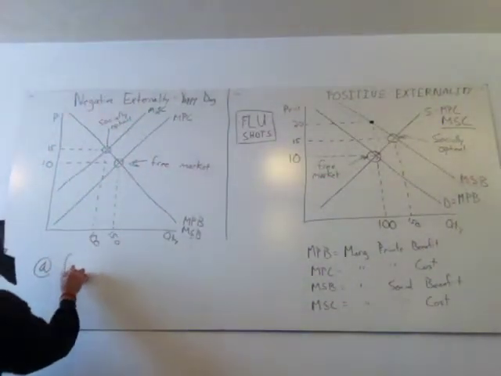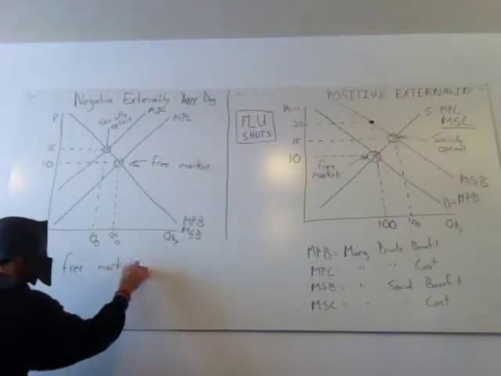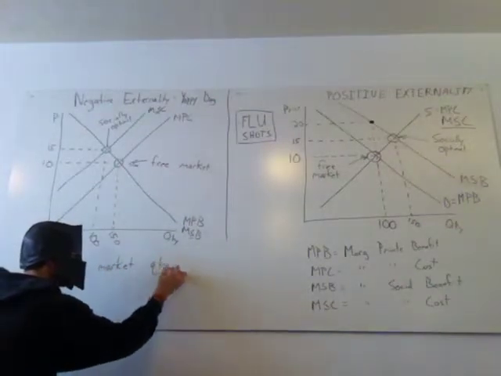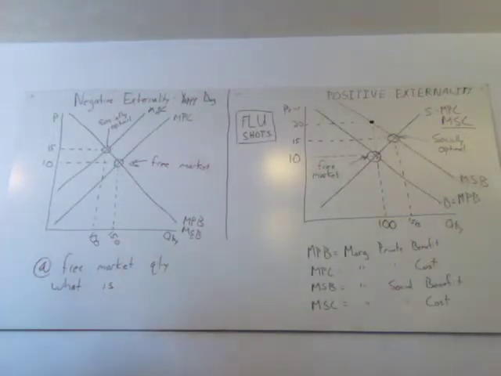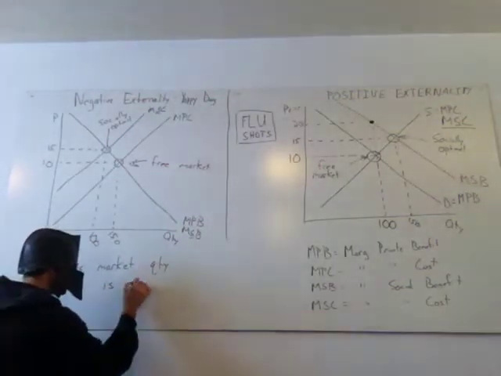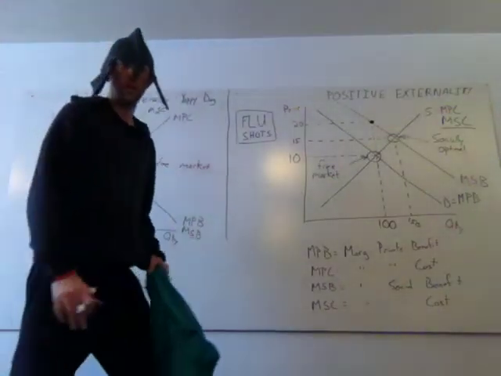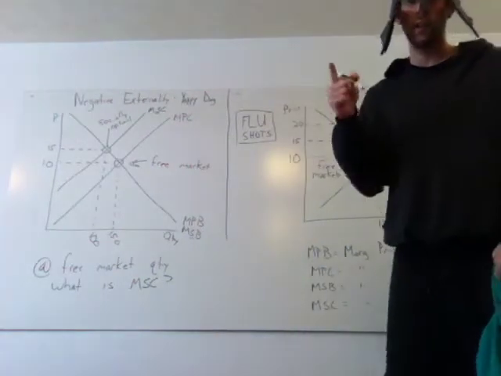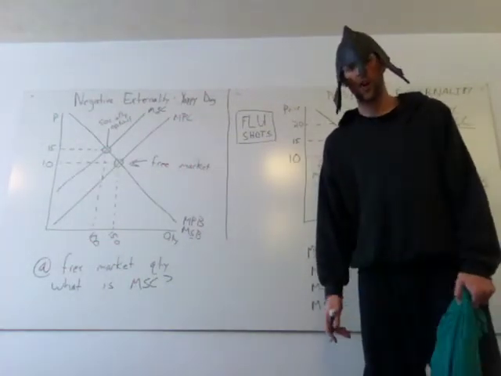At free market quantity, what is the marginal social cost? See if you can look at the graph. See if you can get back to me and tell me what it is. All right, best of luck, guys.